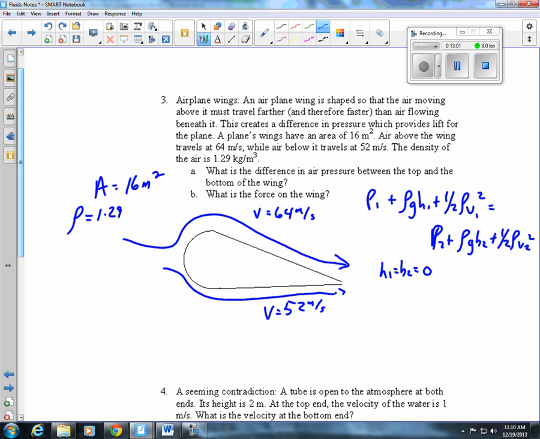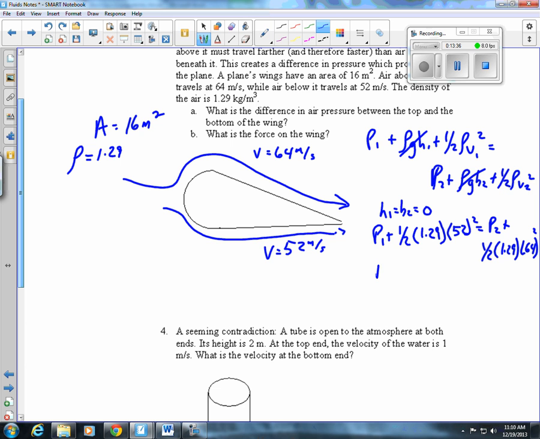We want to find the difference in pressure. We don't know either one, so we can cancel these. And then we'll say P1 plus 1/2 times density, which was 1.29, times the velocity below the wing, which is 52, squared, equals P2 plus 1/2 times 1.29 times 64 squared.